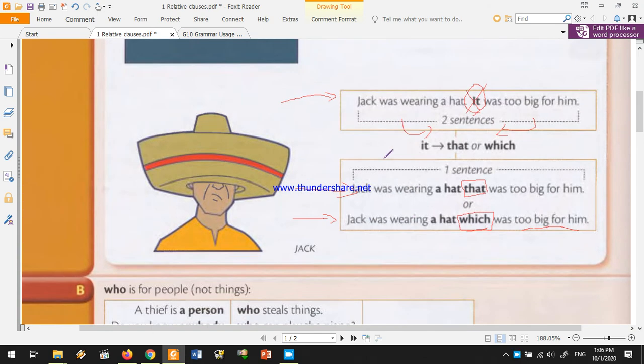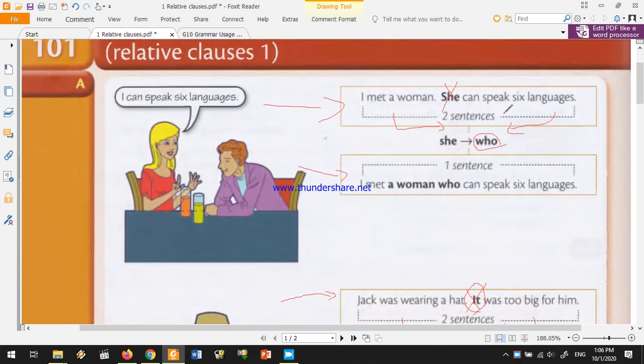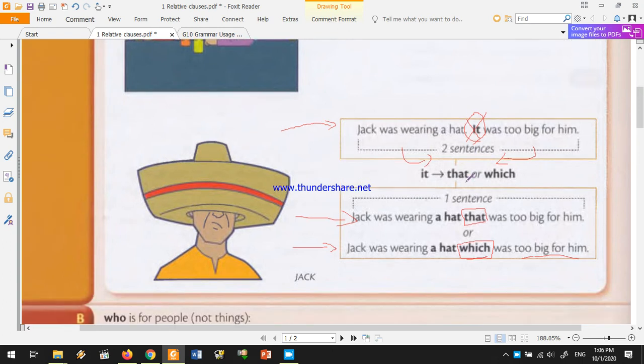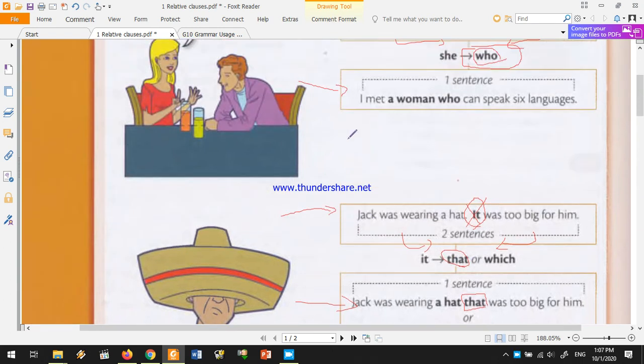Remember that we use who instead of humans, okay? And use which instead of things. But that is very flexible. Let me just write that.